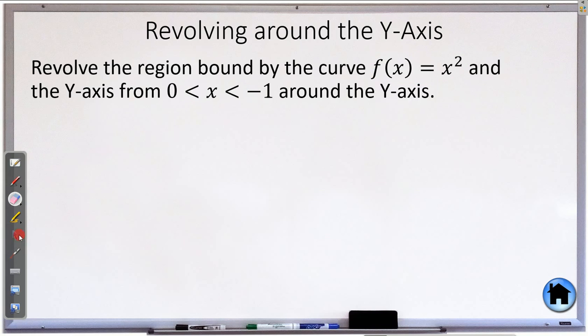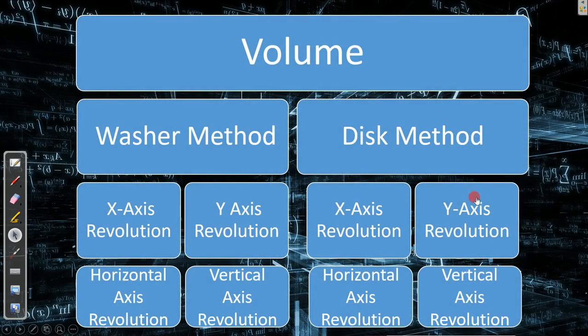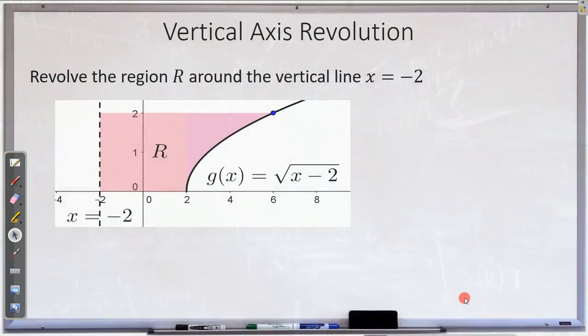All right, one more type of rotation then to look at. We did around the y-axis. Now we have to do a different vertical axis, because it doesn't just have to be the y-axis. Okay, so here we have an equation. And we have our axis of rotation over here, and that gives us this region.